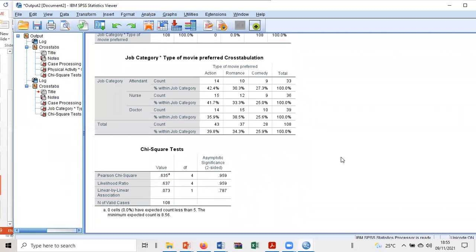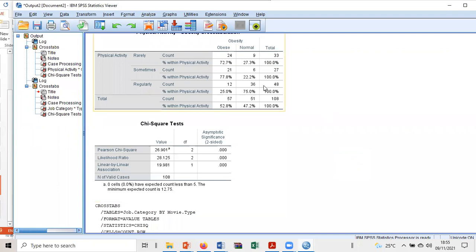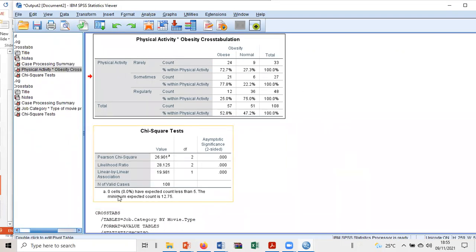Assumption, there's only one assumption in this analysis. Let's go back to the previous one. The minimum expected count. That's an important assumption. With a sample size of more than 100, your minimum expected count must be at least 1.